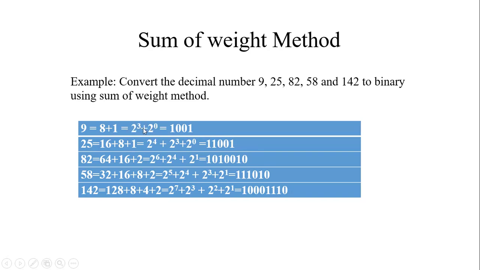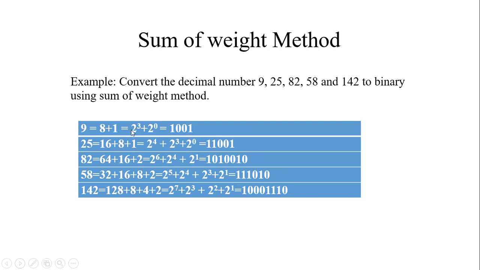Look, the highest weight is 2 raised to power 3. This 3 shows that this is a 4-bit number. Place 1 for each weight present, and place 0 for absent weights.